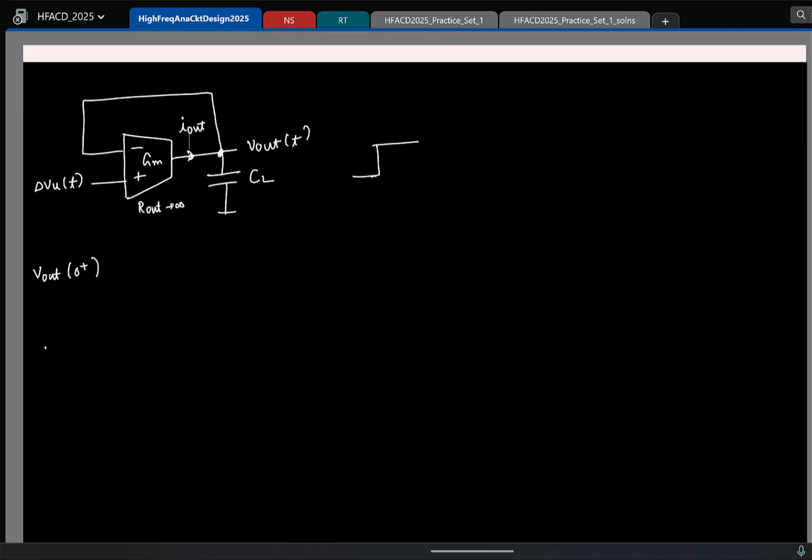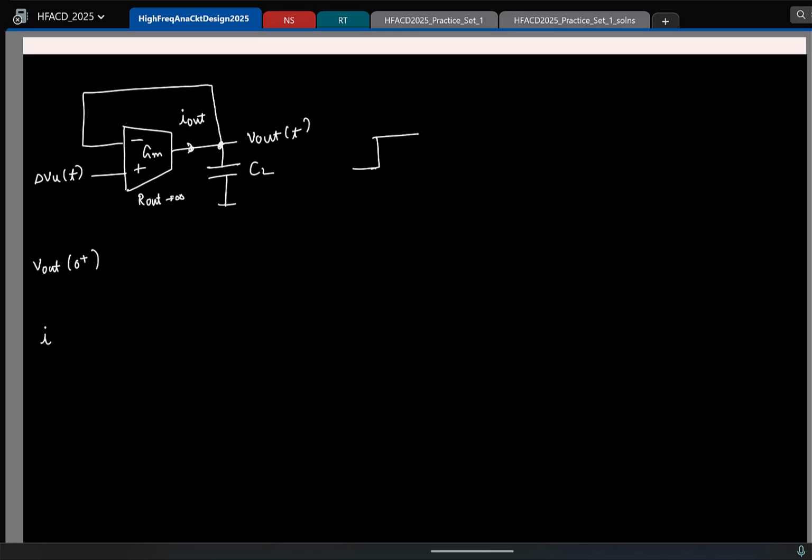But here, can you tell me what is I out of t? Let me ask you this way. We know if the capacitor voltage should change instantly like this, current must be an impulse. So do you think we can have impulsive current here? Why not? Because voltage is not infinite. Yeah. So remember, the OTA itself does not have any limits on how much current it can provide, but the current here depends on the input voltages.